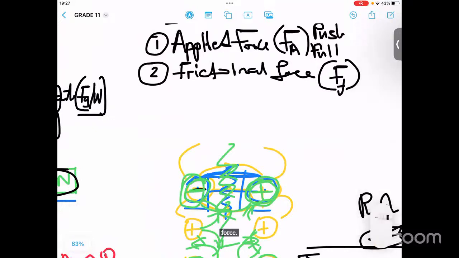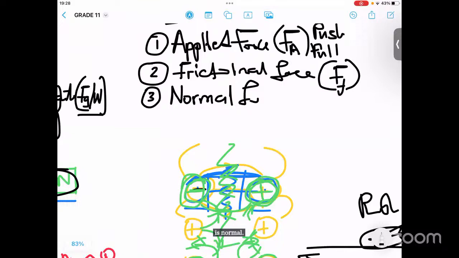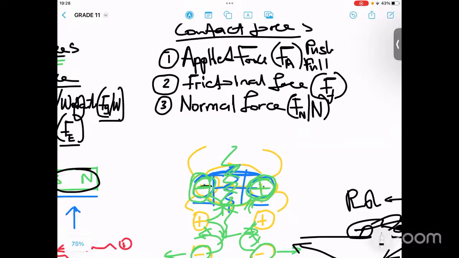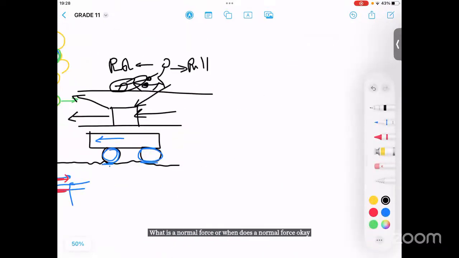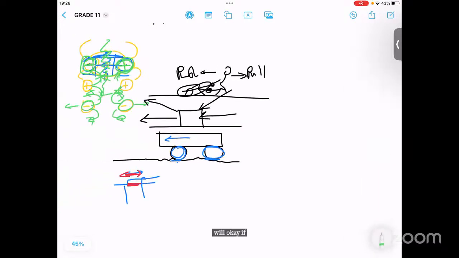Okay, the third type of force being a contact force. Let's talk about something called normal force. Yes, normal force. We can shorten this to Fn or just capital letter N. What is a normal force, or when does a normal force occur? Guys, a normal force will occur if the object is on a surface.